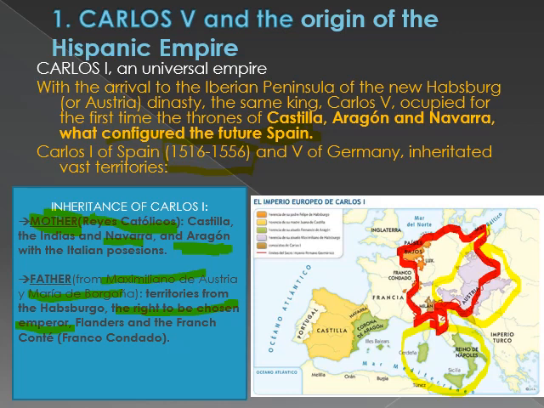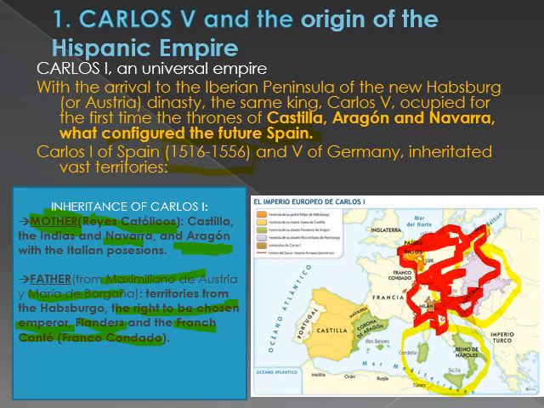Who chooses the emperor? The different princes that live among the Holy Roman Empire. And as we're going to see, Charles V is going to be chosen emperor of the Holy Roman Empire. That's why we call Charles V the emperor, el emperador. And he also gets Flanders and the Franche-Comté, el Franco Condado.